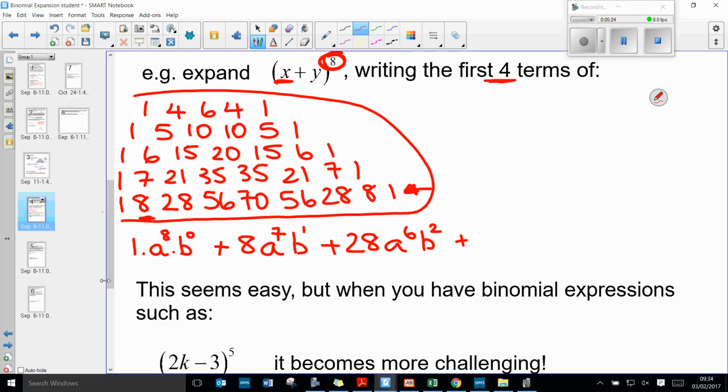And what's the next coefficient? 56. Then a to the power 5, and b to the power 3. Now, I'm showing dots because it carries on going, but they've only asked us to write the first 4 terms.